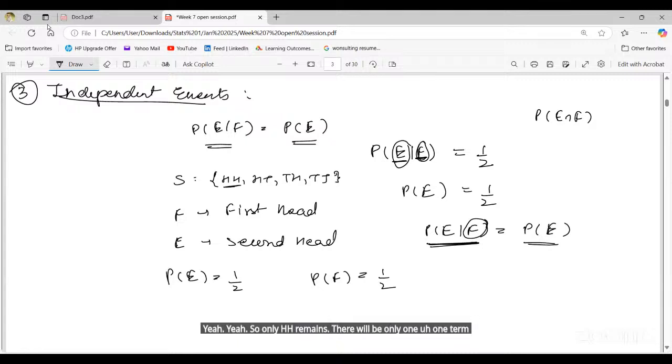But E does not depend on F. That is the point. I think it depends on F because we are stating that F is heads in the starting case. So H only should be the case, right? Yes.